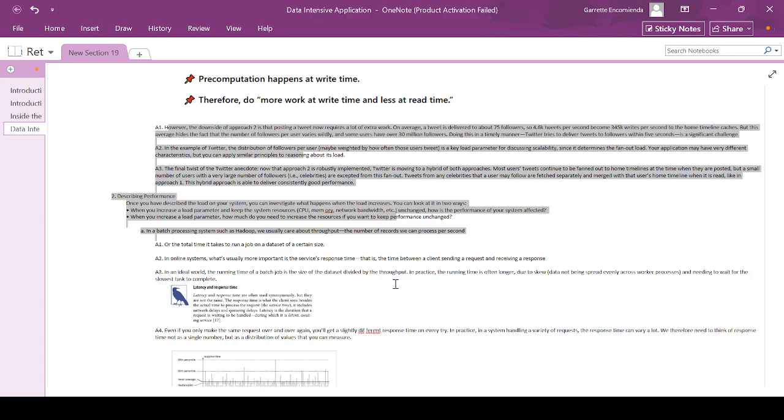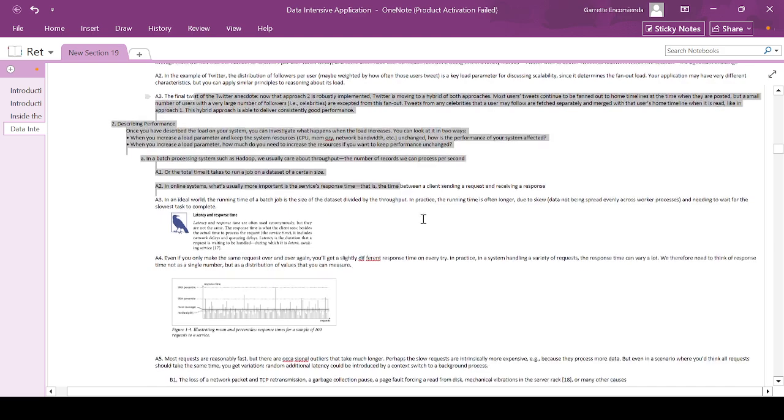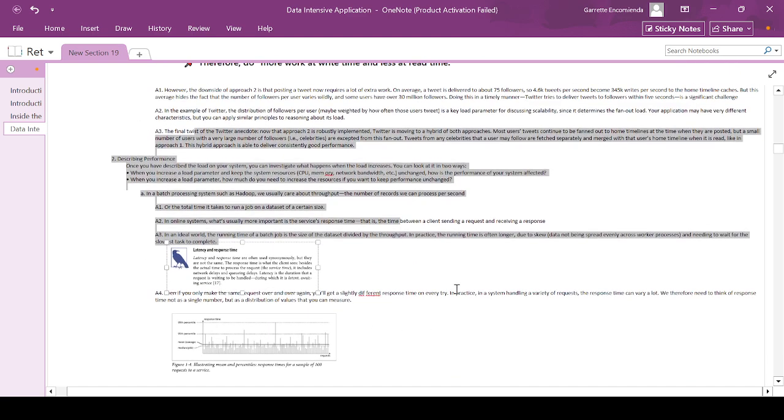Your application may have very different characteristics, but you can apply similar principles to reasoning about its load. The final twist of the Twitter anecdote: now that approach 2 is robustly implemented, Twitter is moving to a hybrid of both approaches.